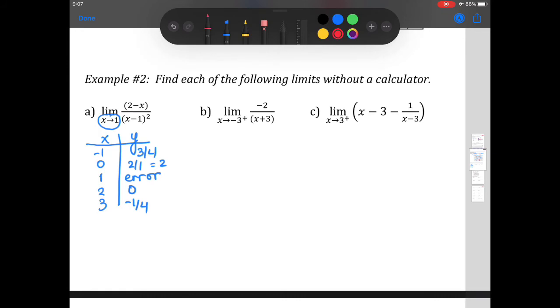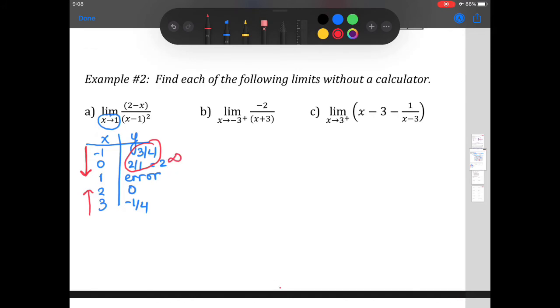Once you do the table, just watch this one, guys. I'm going to take a different color. As I'm approaching from the right and left, I'm going to see what's happening to my values, whether they're increasing or decreasing. That will help me determine what is going on with this question. As I'm approaching from the left, what's happening to my y values? That's 3/4, that's 2, it's increasing, right?